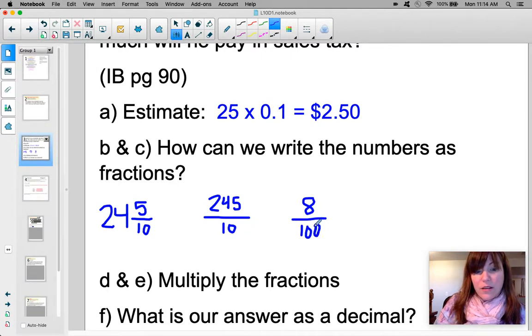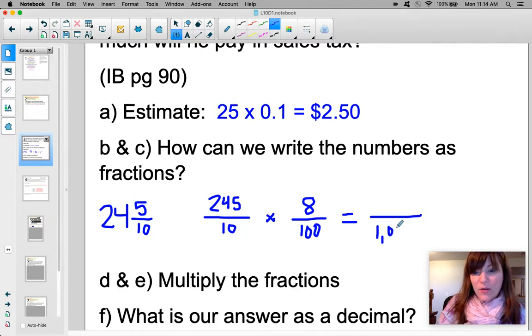All right, and now D and E is really in from page 90, talking about multiplying these two together, because we knew from our work with percents that when we're finding the percent of a number, we're multiplying. And so when we multiply, we are going to get a denominator. 10 times 100 is 1,000.